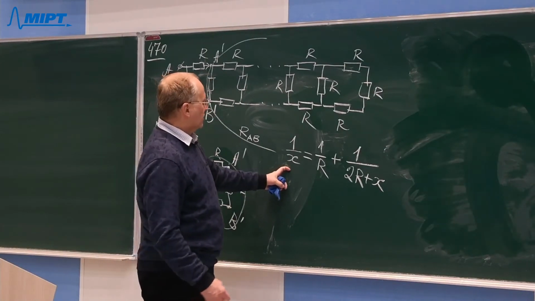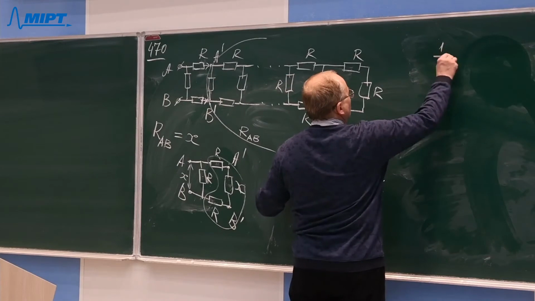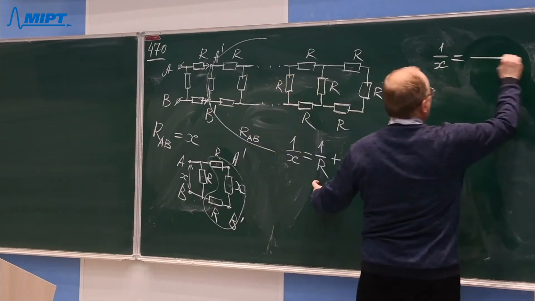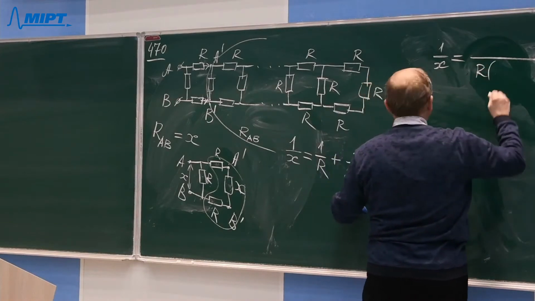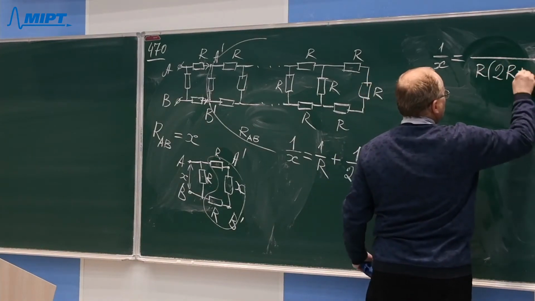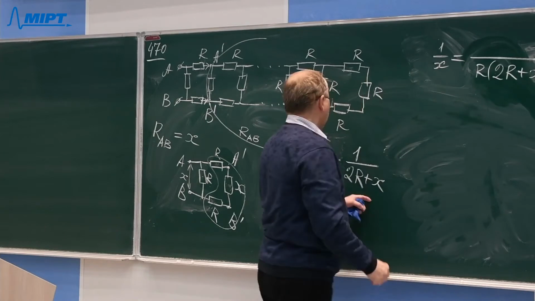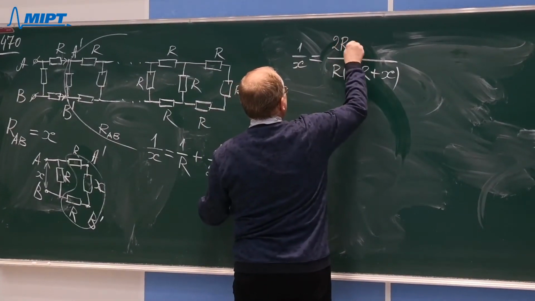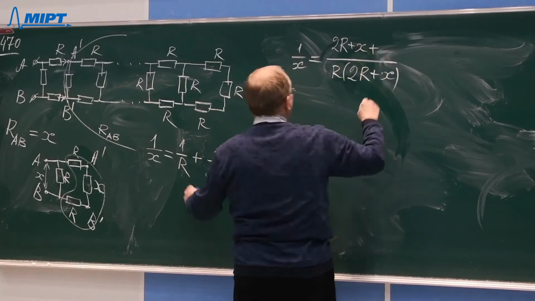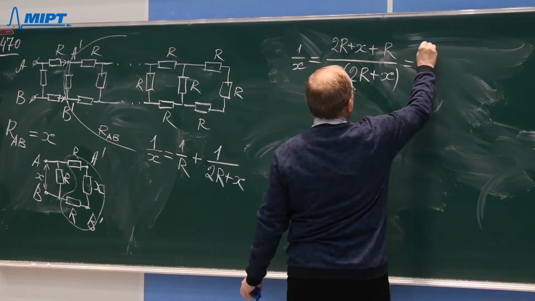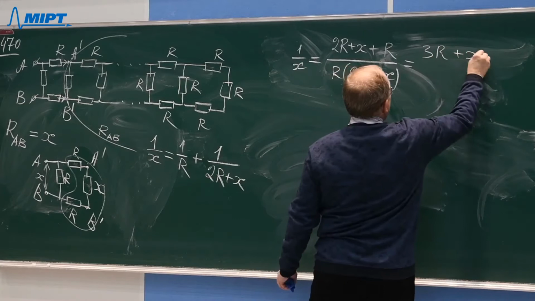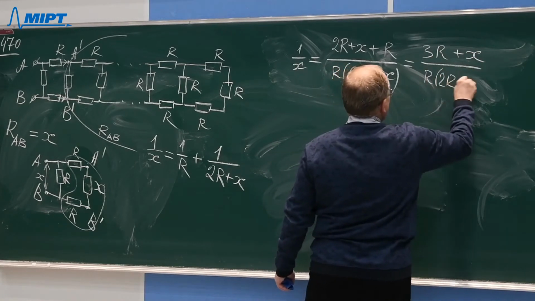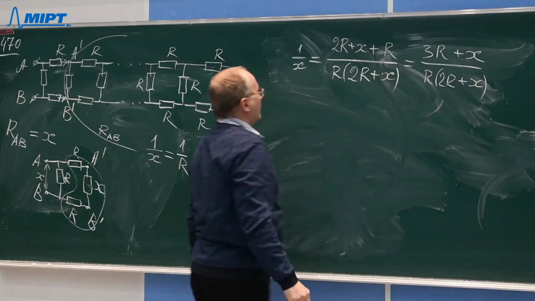It will be what? 1 divided by X will be equal to R times 2R plus X in the denominator, and in the numerator we will have 2R plus X plus R. That will be 3R plus X divided by R times 2R plus X.